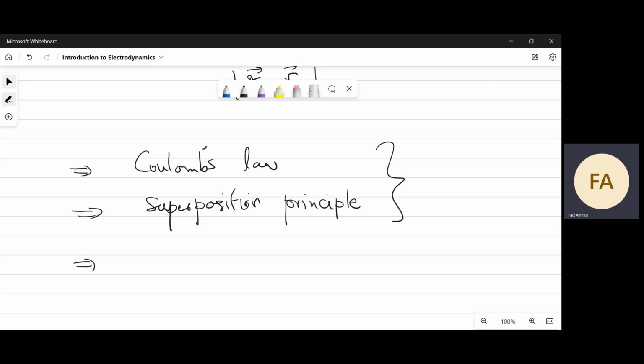If we know Coulomb's law and the superposition principle, we are done with electrodynamics.